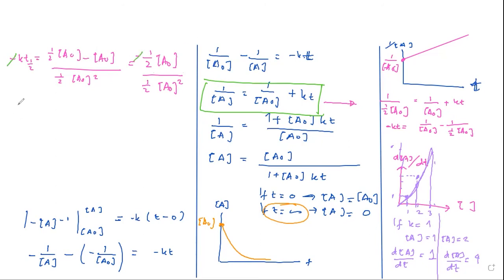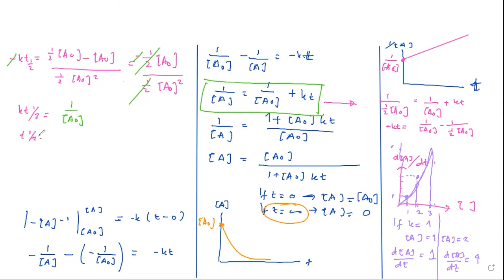Okay, so kt half equals, we can also cancel half with half, so 1 over A0, right?